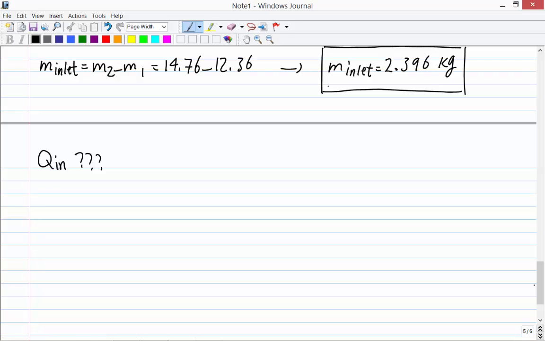So I have two closed systems: initial and final. Because at these two points the valve is closed, but in between it was open, and that was the process. Anyway, the first law has two forms. One is steady flow process.